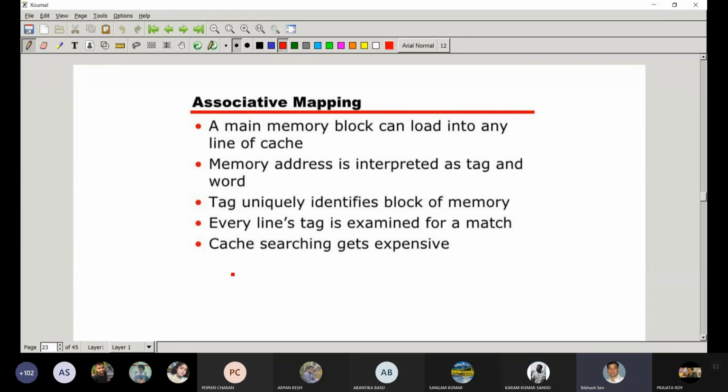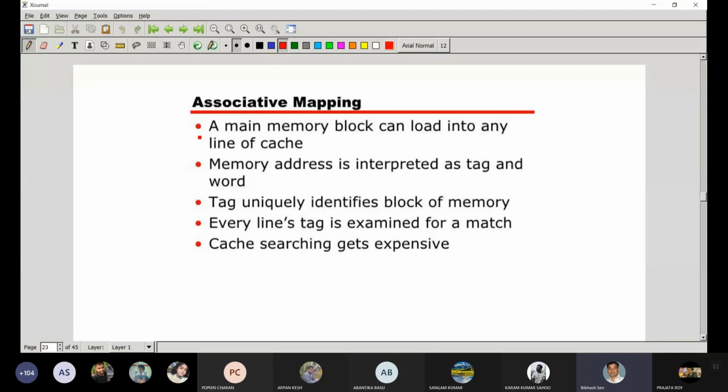So the principal advantage of this method is the great flexibility of associative mapping. The address translation process can be performed quickly because of the high speed tag directory. Here the entire tag directory will be searched for the data.